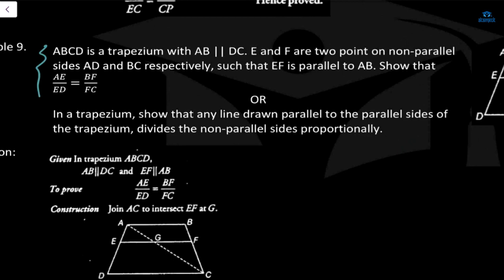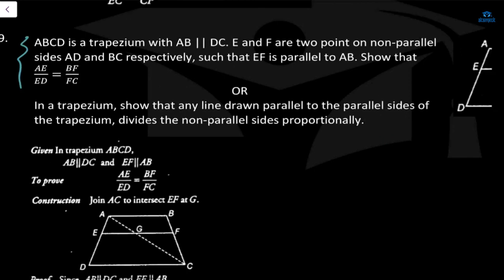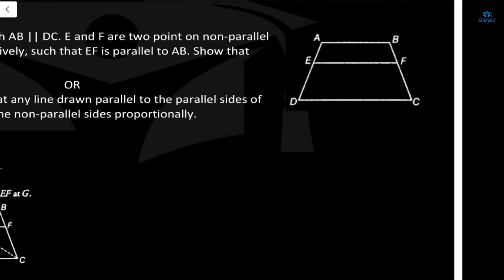But in the second part, what was mentioned? That the figure is a trapezium. Show that any line drawn parallel to the parallel sides of the trapezium divides the non-parallel sides proportionally. That means, of the two parallel sides, you are drawing a third line parallel to both of them, and it divides the non-parallel sides, which in this figure are AD and BC, proportionally.